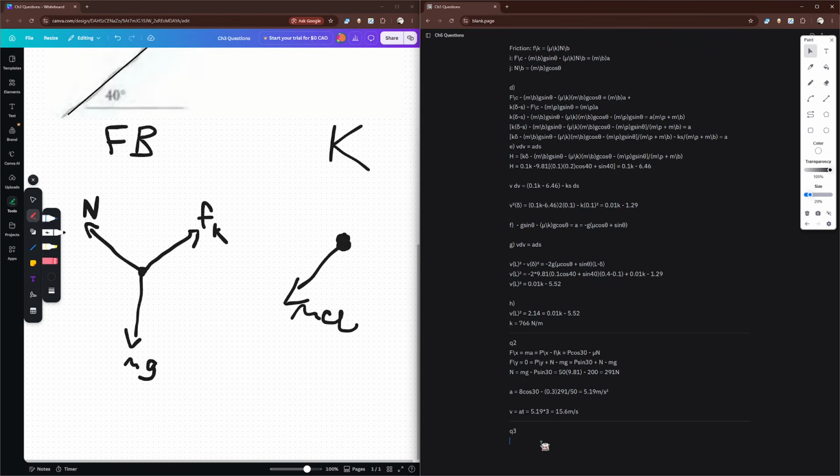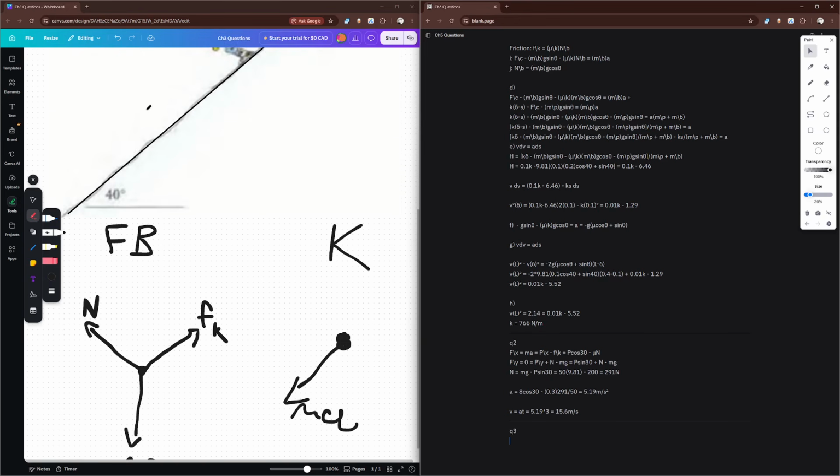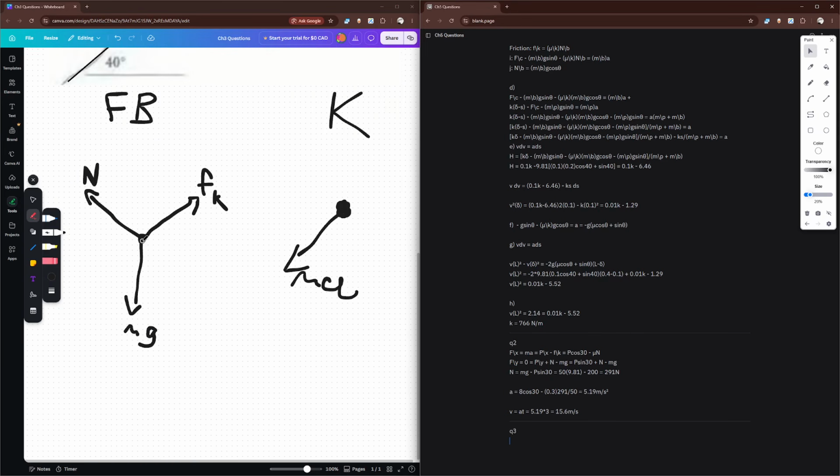In the x direction, right? And I'm going to skip out writing this every time. Okay? Because it is not necessary to write out every time. But also this angle is 40 degrees. So, okay, we're going to get that.